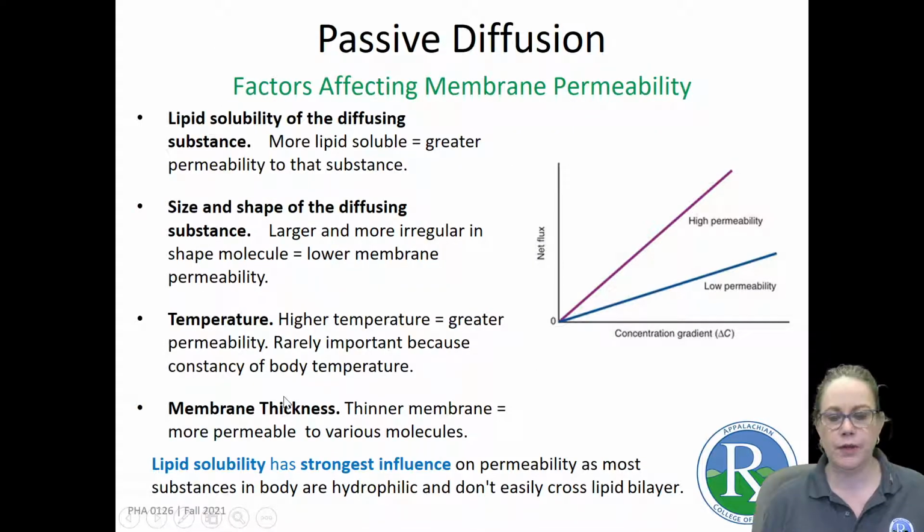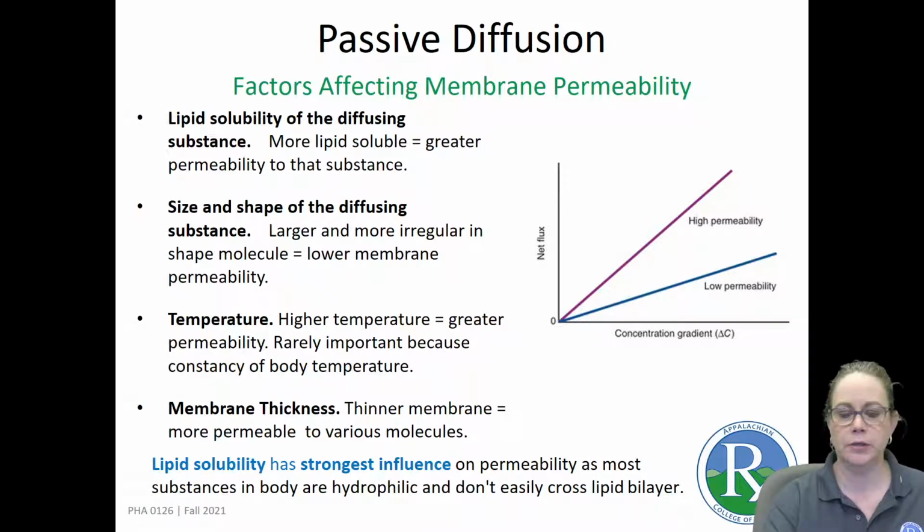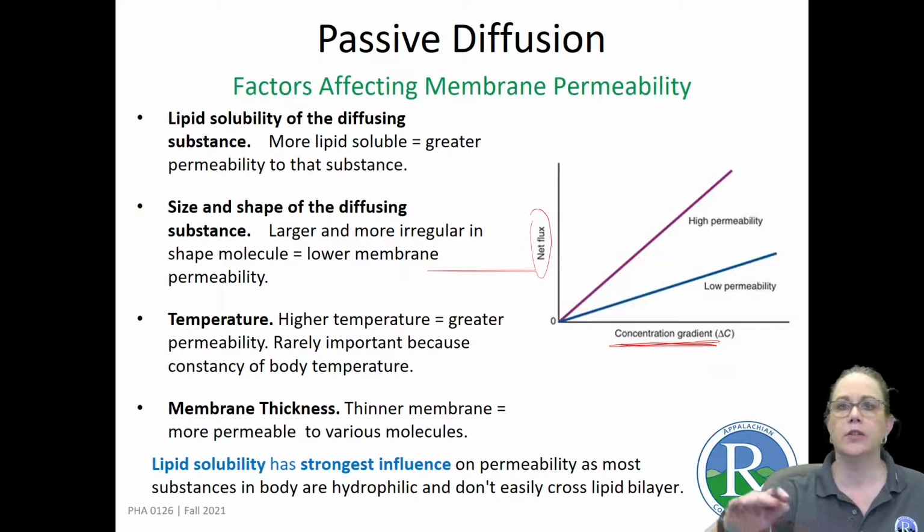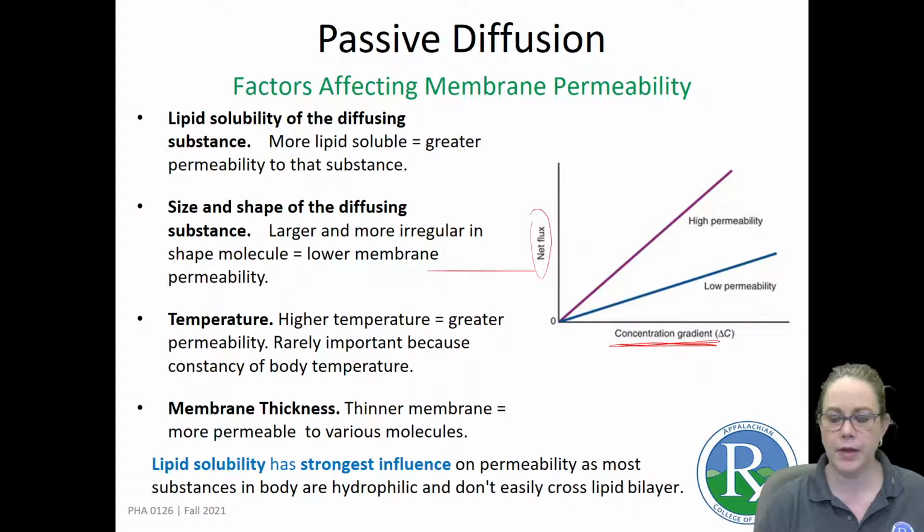So if we look at factors affecting permeability, here we're looking at our flux, or rate of transport across the membrane. This is our concentration gradient. We know that as we increase our concentration, we're going to get an increase in the rate. Once you lose the concentration gradient as you head towards equilibrium, your net flux becomes very small.